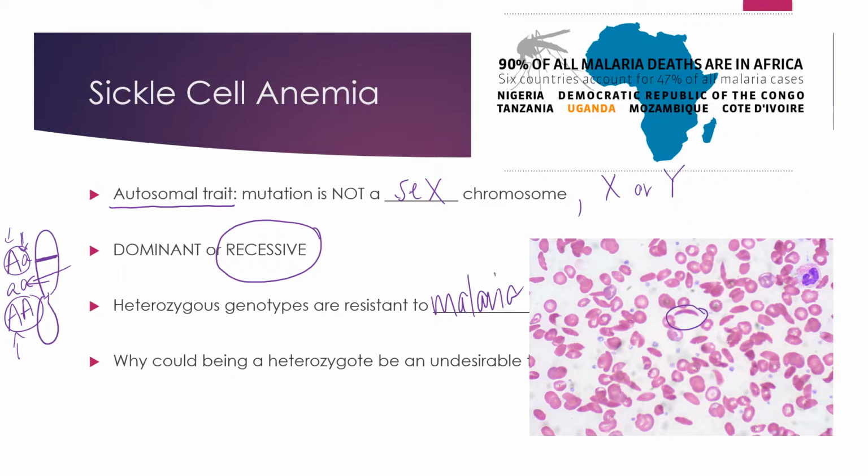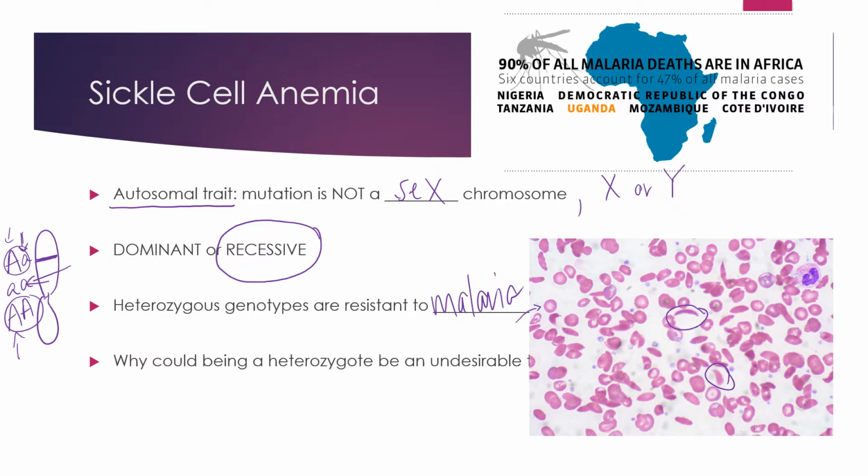That's its function. And this abnormal hemoglobin changes the shape of the cell. You see how the one I circled here is very oblong and misshapen. You can see there are other ones that look like that as well, instead of the nice rounded red blood cells like the one the arrow is pointing to there.